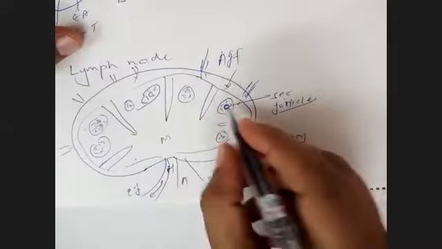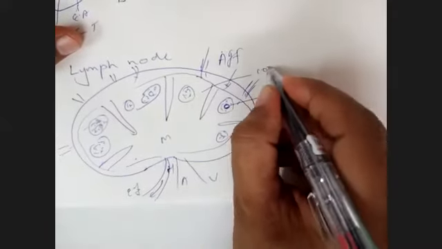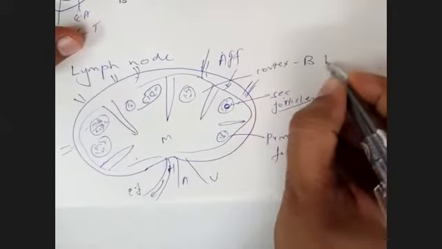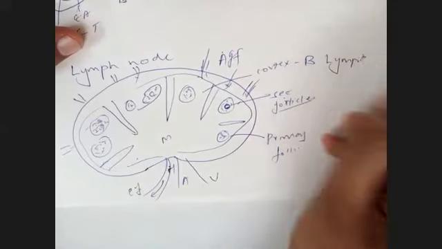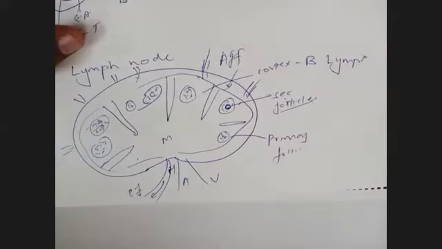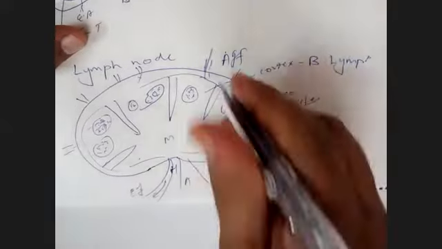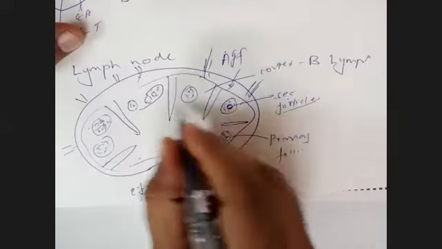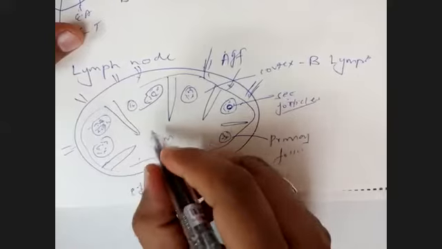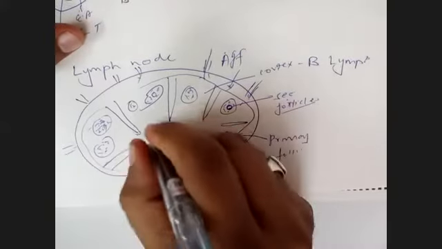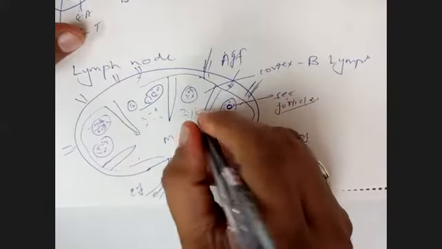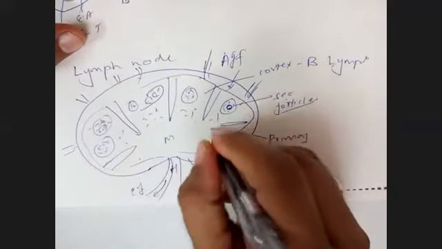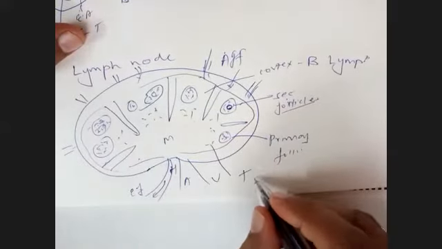So basically in the cortex are B lymphocytes. In the spleen, the periarterial lymphatic sheath had T and peripheral white pulp has B. In the lymph node, there are B lymphocytes forming follicles in the cortex, and the T lymphocytes are in the paracortical zone. So where are the T lymphocytes? They are in the paracortical zone.